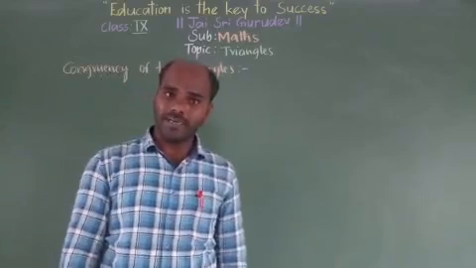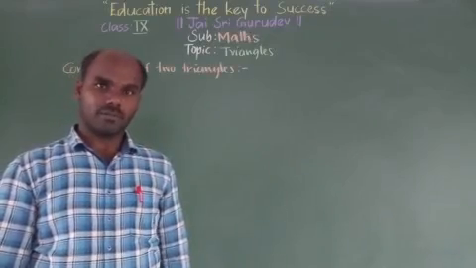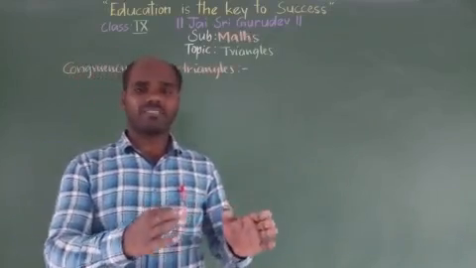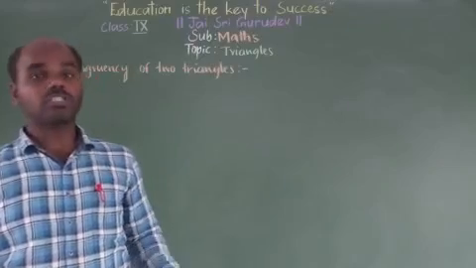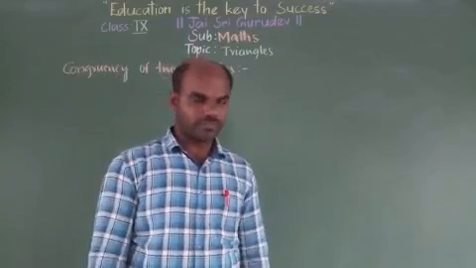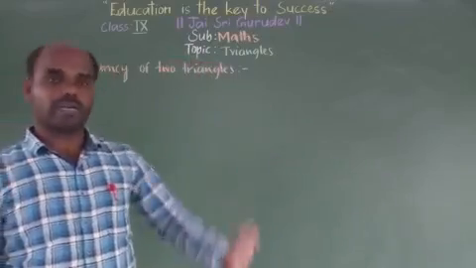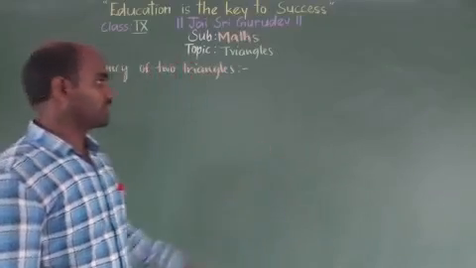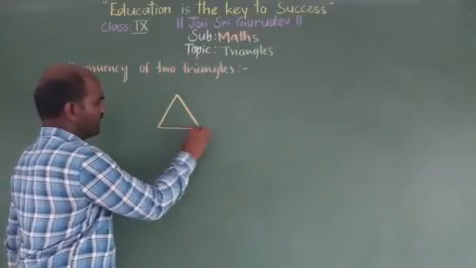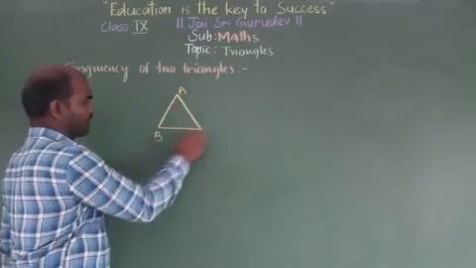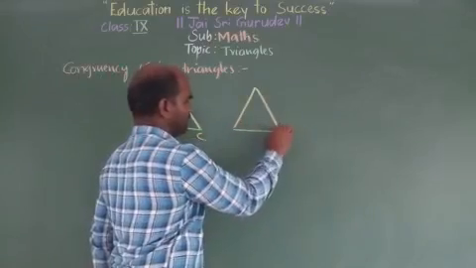Congruency of triangles means when we are comparing two triangles, they must have the same shape and same size. For example, I am taking two triangles, one is ABC and another one is DEF.